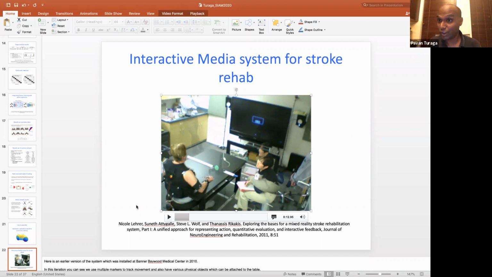But what features to use for biofeedback is an open question. There are some easy answers, like let's use the speed of the limb, or let's use the deviation of the pathway from some assumed notion of optimal or normal trajectories, which are all reasonable answers. These things, however, don't scale well to multi-joint movements.